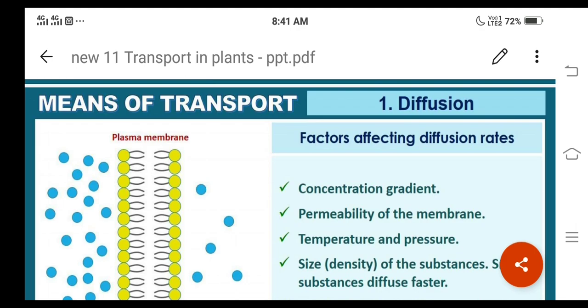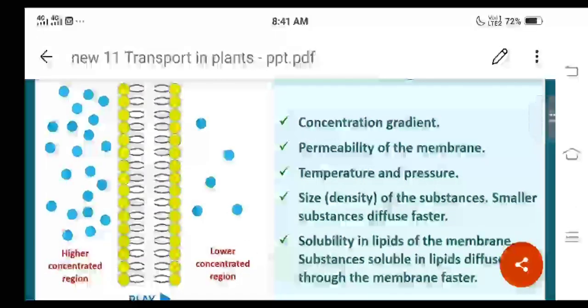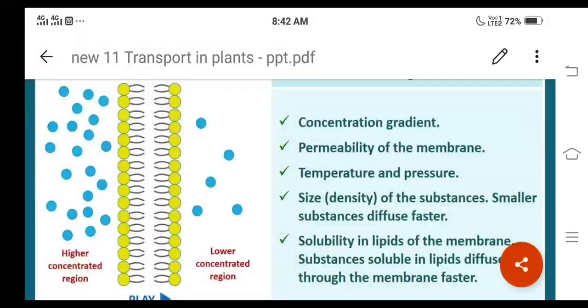Then the second one is the permeability of the membrane. The diffusion rate also depends on the permeability of the plasma membrane. The third one is temperature and pressure. And the fourth one is the size or density of the substances, which means smaller substances will diffuse faster.